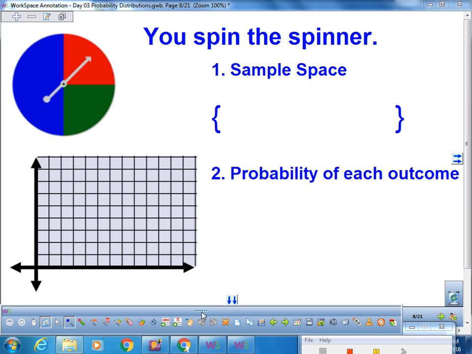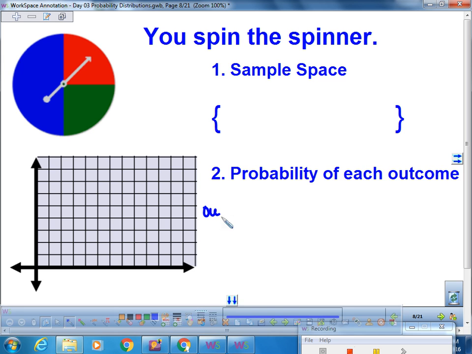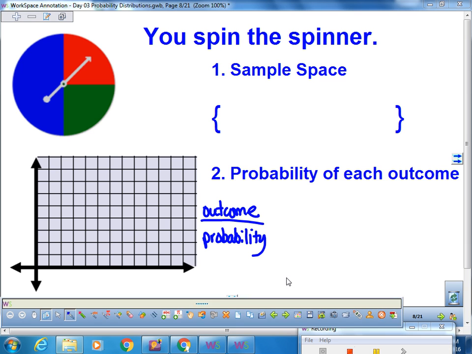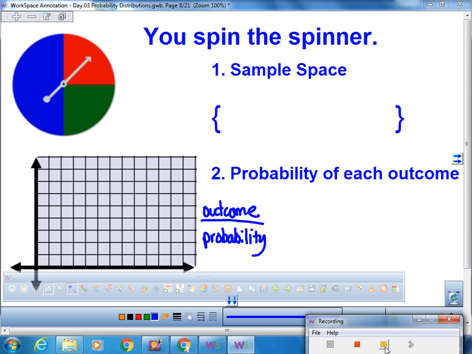What are we going to have in it? Outcome and what else?